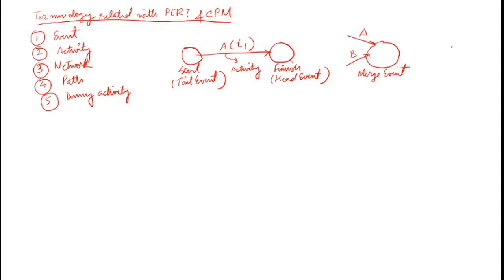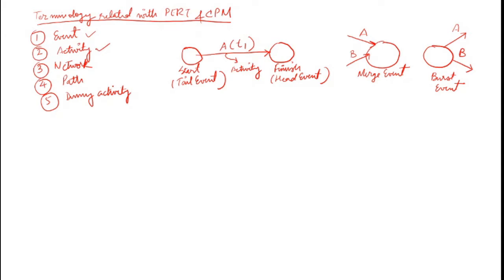Similarly, when two activities, for example A and B, have the same start event or tail event, it's called a burst event. So this is about event and activity.